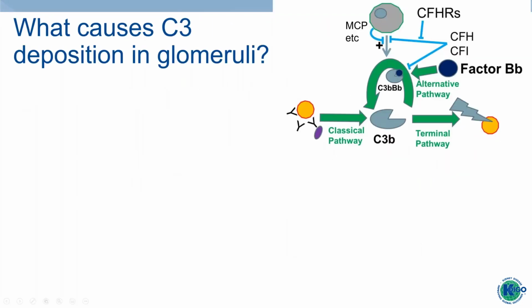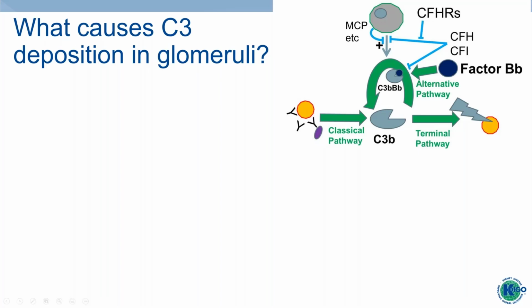So the question really is, what causes C3 deposition in the glomeruli in this setting? And this cartoon shows a simplified version of the complement cascade, where antibodies binding to an antigen result in activation of the classical pathway, leading to the production of C3b, which is cleaved from the abundant circulating precursor C3. C3b can activate the terminal pathway.